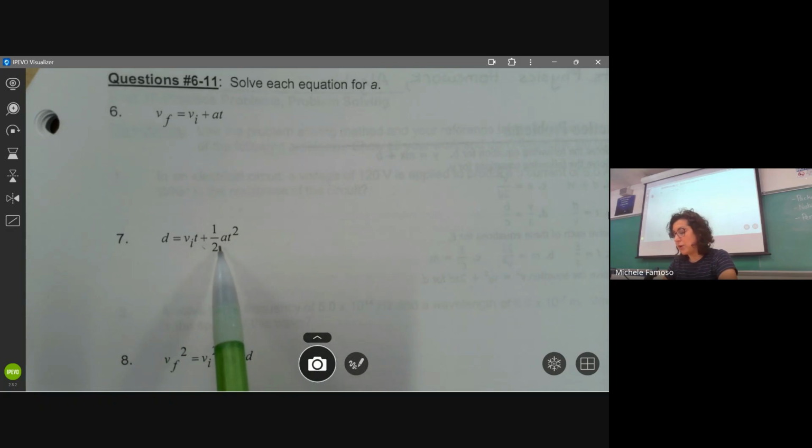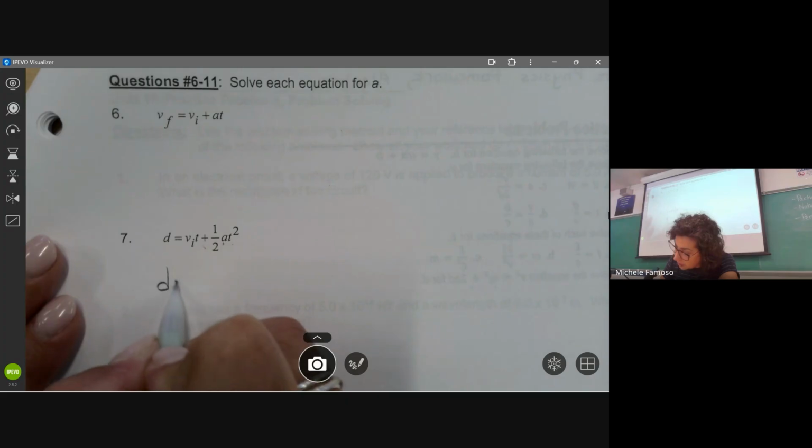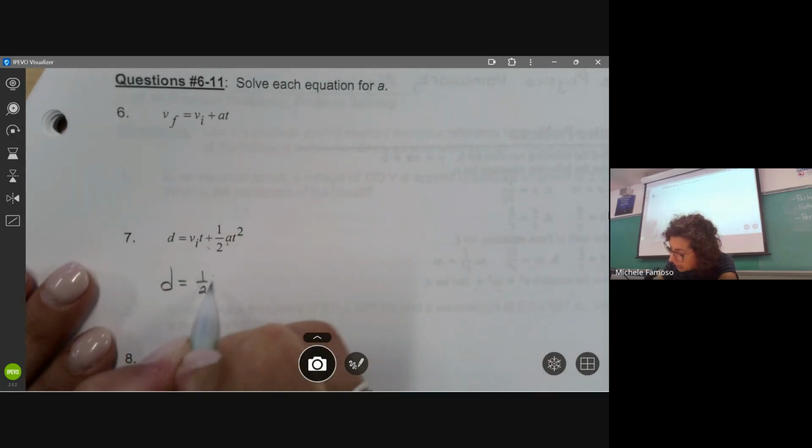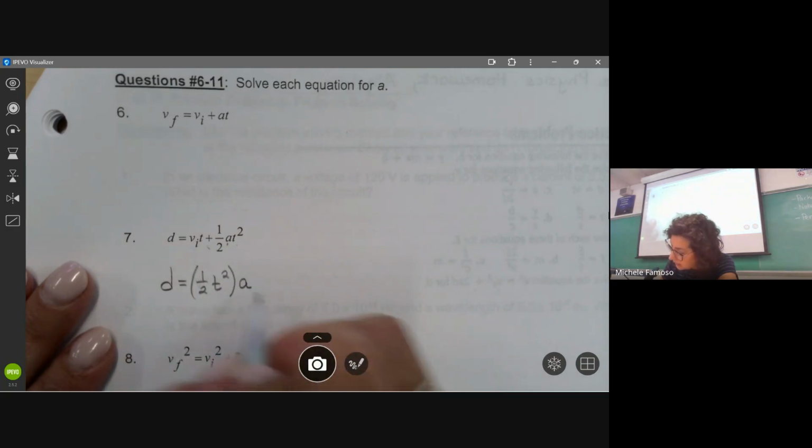The other thing I want to remind you about is that the half and the t squared are both multiplying A. Multiplication's commutative. 2 times 3 is the same as 3 times 2. So what I mean by this, I am going to rewrite this equation to look like D is half of t squared times A plus VIT.